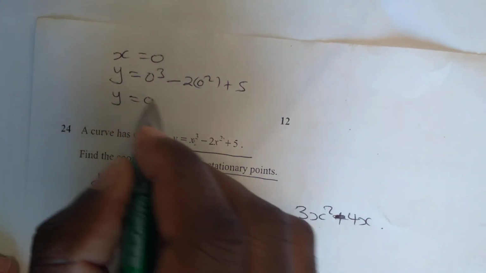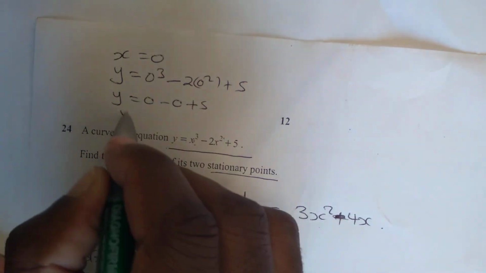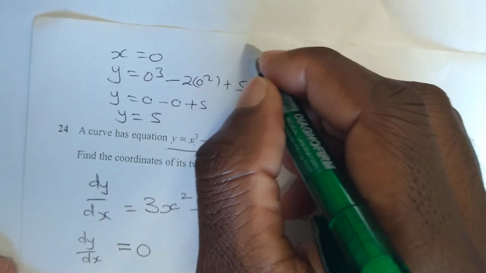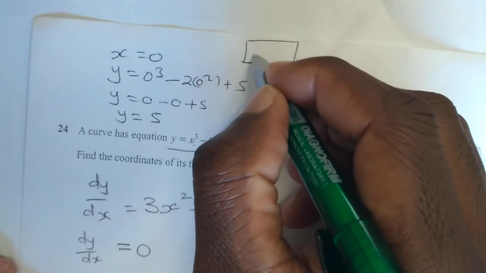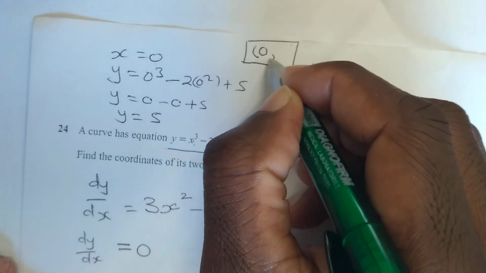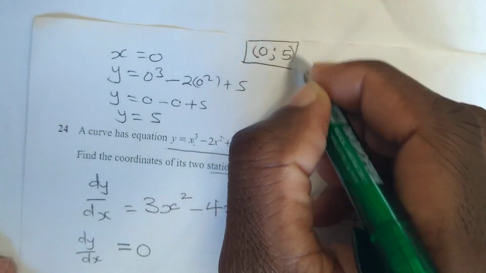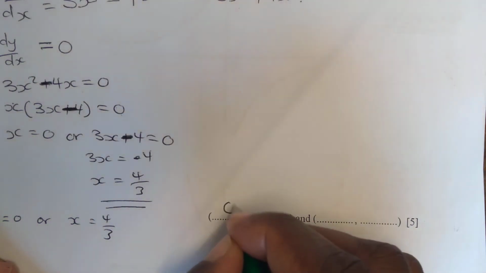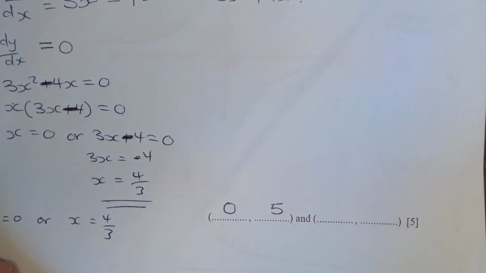So all this is 0 minus 0 plus 5. So y is 5. So the first coordinate will be 0 for x, 5 for y. And we are going to put it in this space for the answer.